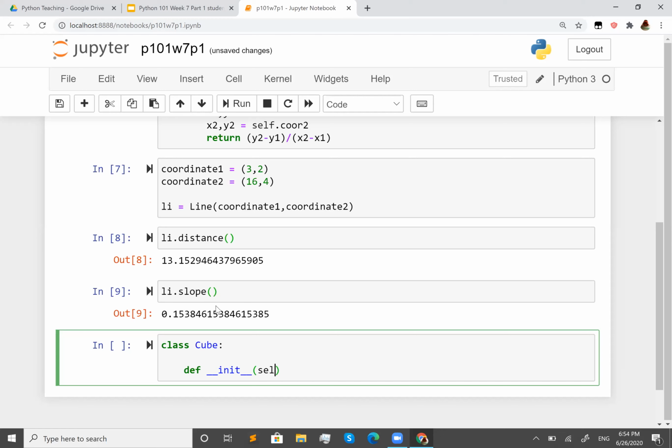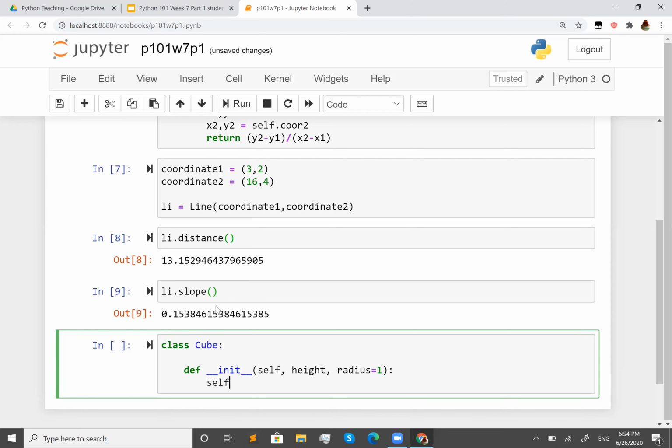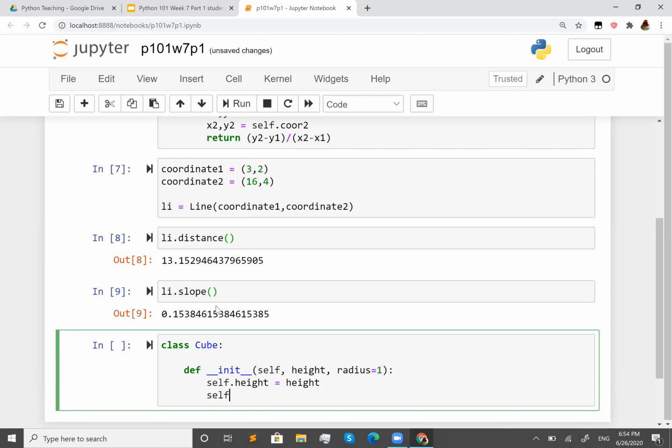We're gonna have self, height, and radius equals 1. Now we're gonna do self.height equals height, and just all that basic stuff. Radius equals radius, and I'm pronouncing that the wrong way, I know.